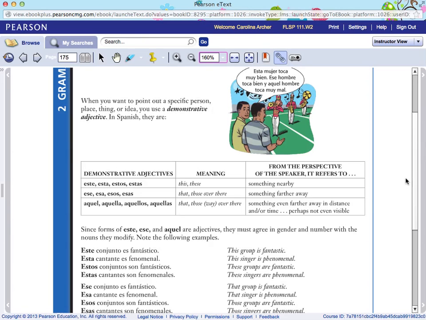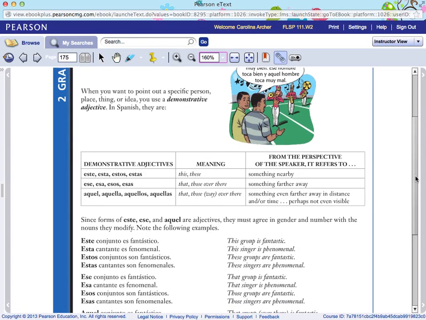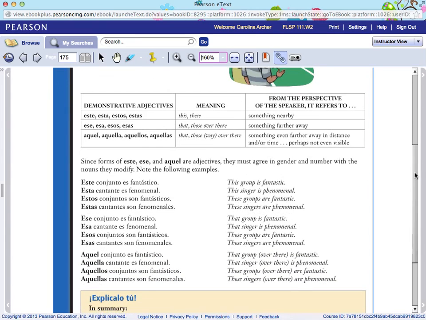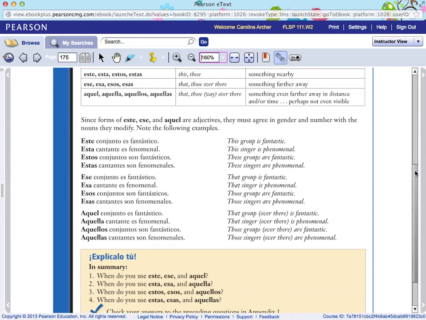And something that is even farther away in distance and or time, and perhaps not even visible, meaning that and those way over there. We say aquel, aquella, aquellos, and aquellas. So you have gender and number because these are adjectives and they have to agree in number and gender with the noun that they are modifying. Okay.